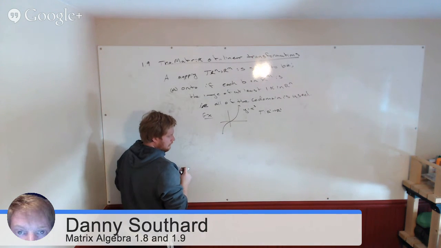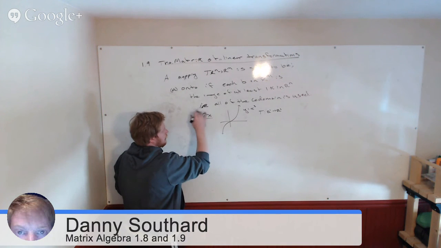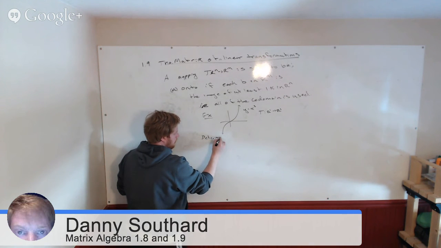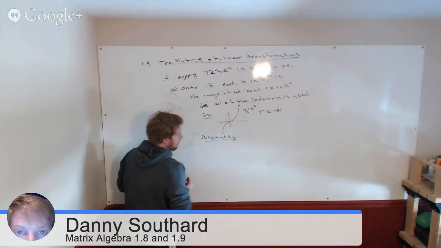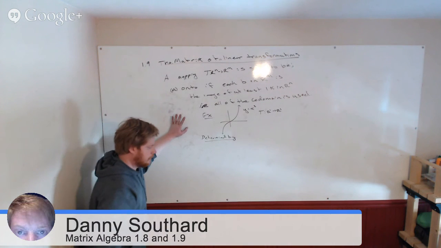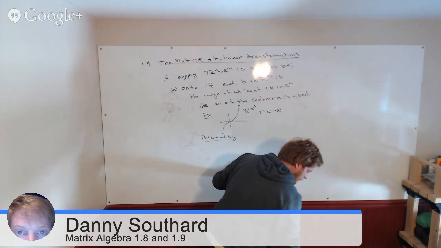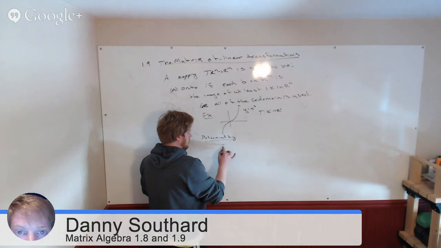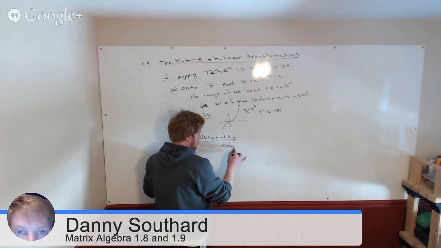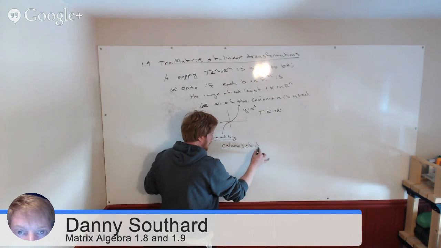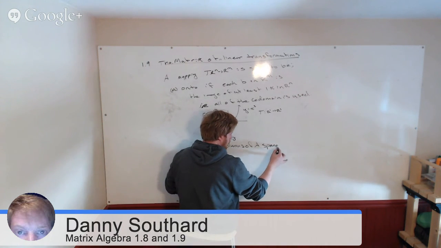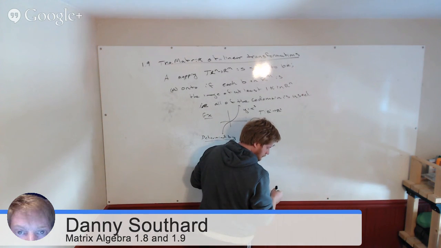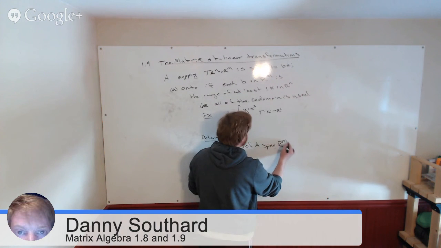And in other words, a mapping is determined to be onto if the columns of A span Rm.